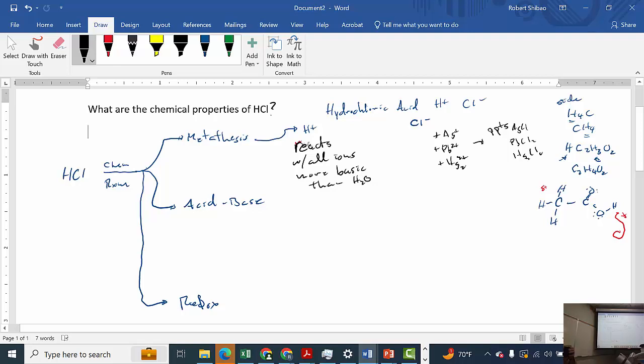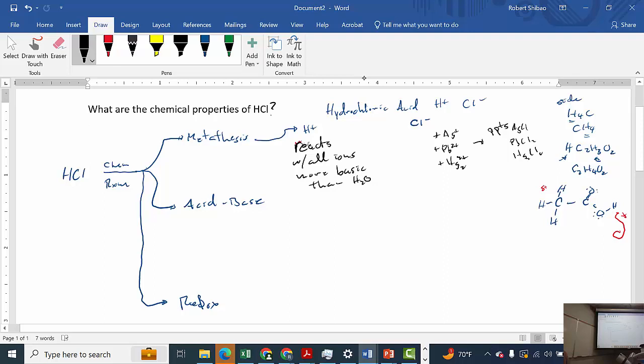Is there an even better way to say the first one for H plus? Because there are some very few that are not ions, like ammonia. Well, yeah, that's true. You're right. And so what we can say is that H plus reacts with all bases more basic than water. We could say it that way.